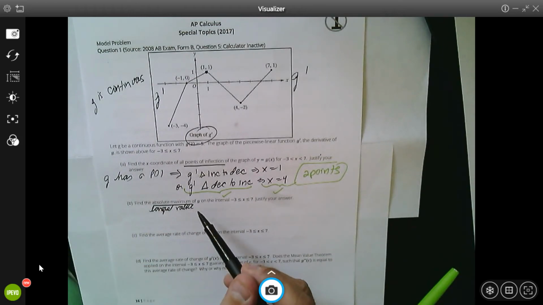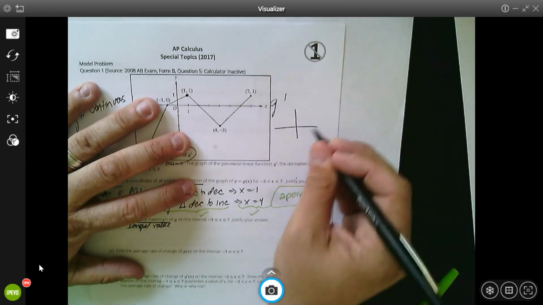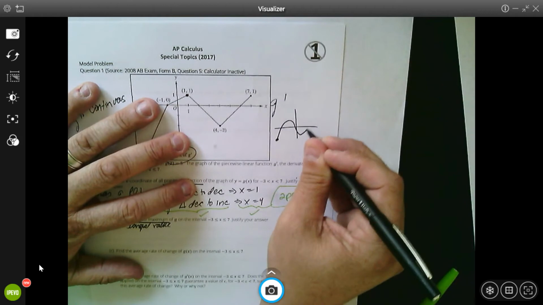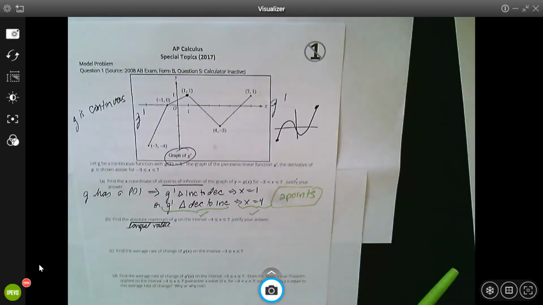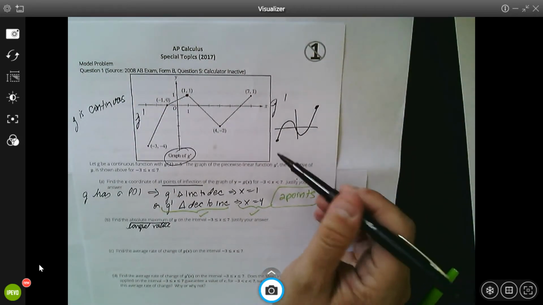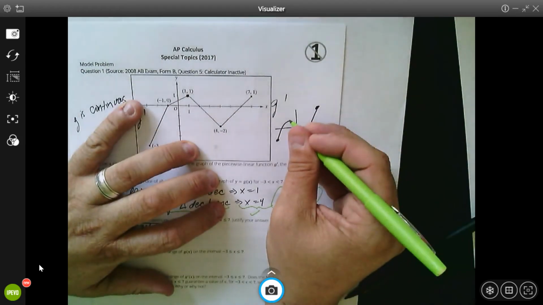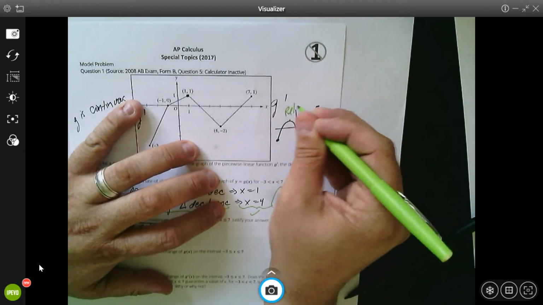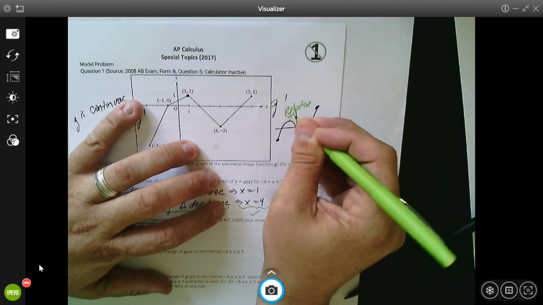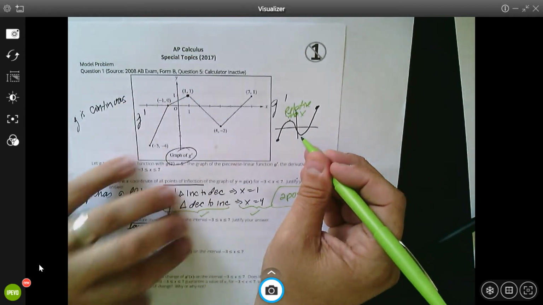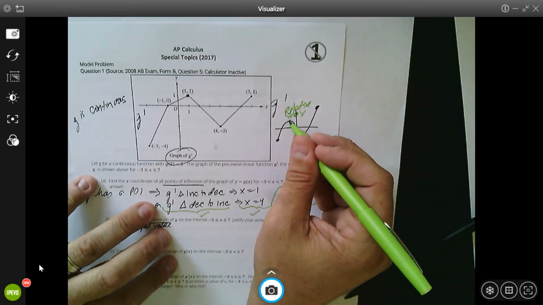And this is different from a relative maximum. Let me do a quick little sketch here. If I have a function, say, with a starting point over here, and my graph looks something like that, not arrows, but starting point and ending point, well, this guy right over here is your relative max, and this is a relative max because my graph changes from increasing to decreasing, but I can see this isn't the highest point.